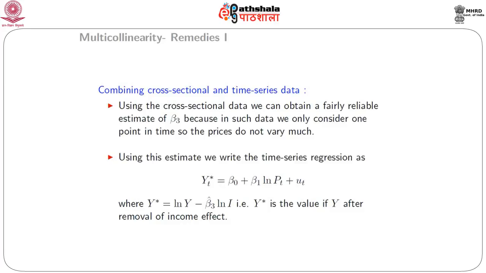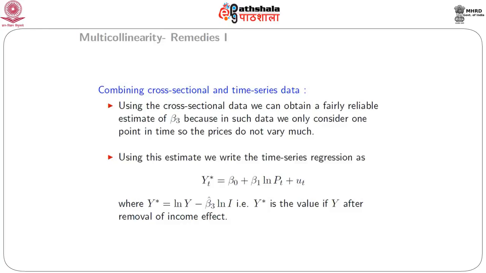Using this estimate, we can write the time series regression model that we have seen earlier in the new form y_t star equals beta naught plus beta 1 ln p_t plus u_t, where the response variable is now y_t star, given by ln y minus beta 3 hat ln i_t. That is, y_t star is the value of y after removal of the income effect.